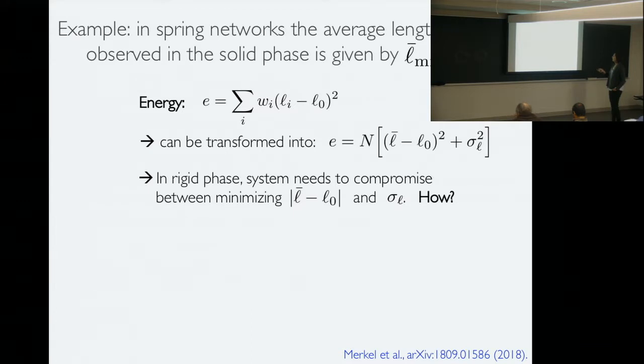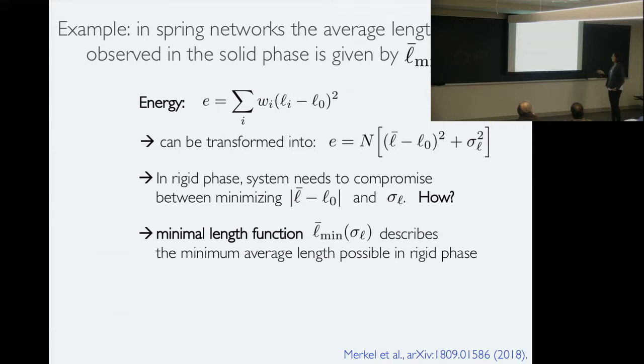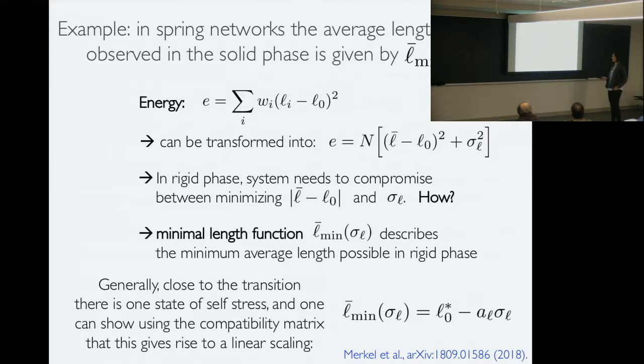Okay. So what this means, though, if you think about it, is the system needs to compromise because it can't be happy. It can't get its rest length. So it needs to compromise between minimizing this quantity and that quantity because they're both quadratic. Okay. So this minimal length function describes the minimum average length possible in the rigid phase.